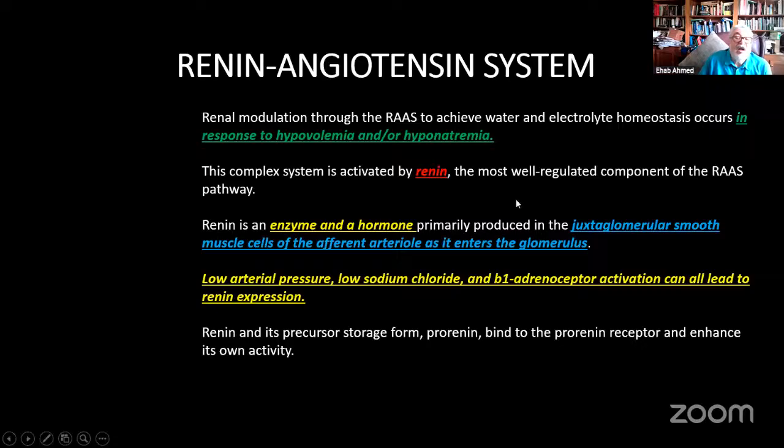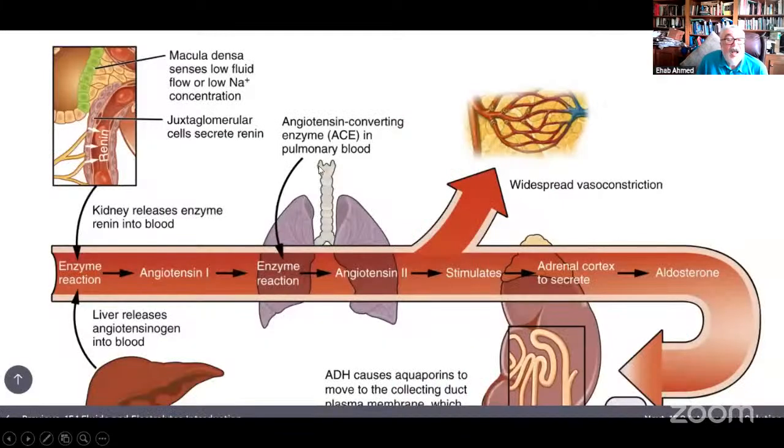And comes the hormonal control, and the renin-angiotensin system is the most important one. It's manufactured in the kidney. The kidney secretes renin, and the liver will secrete angiotensinogen.